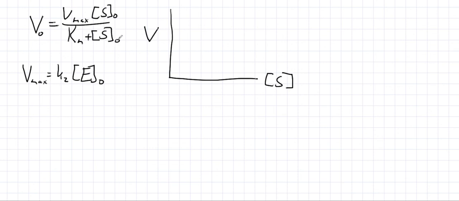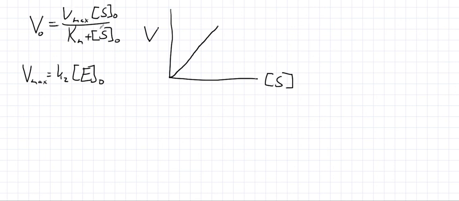what we see is if we have very, very small concentrations of substrate here, this term is not going to matter very much compared to Km. And V is going to be directly proportional to the concentration of substrate, so it's going to be linear. So imagine this as being a straight line. But this is going to get bigger and bigger, and eventually this will be bigger than Km.